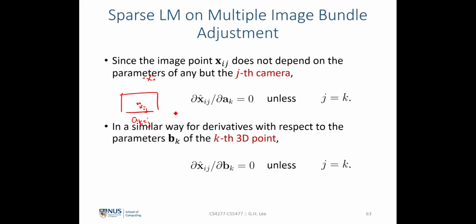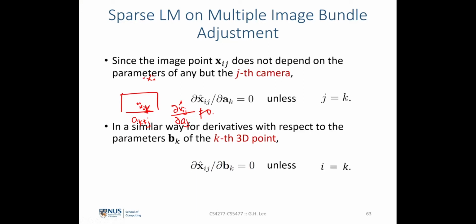What this means is that the partial differentiation of xij hat over aj will not be equal to 0. And in general, if k is not equal to j, this particular 3D point would not be reprojected onto this particular image.